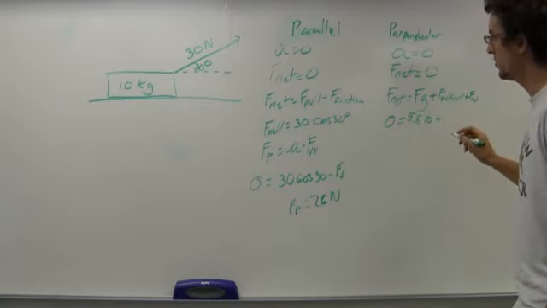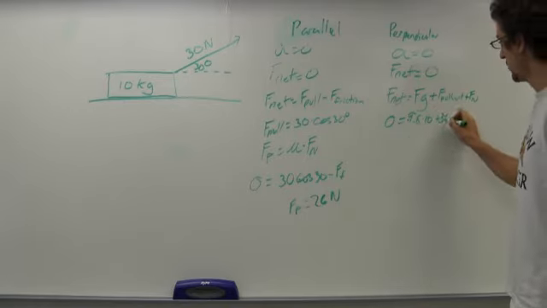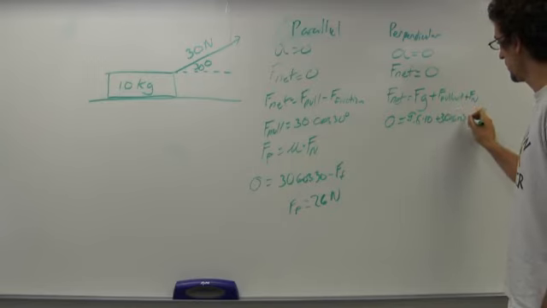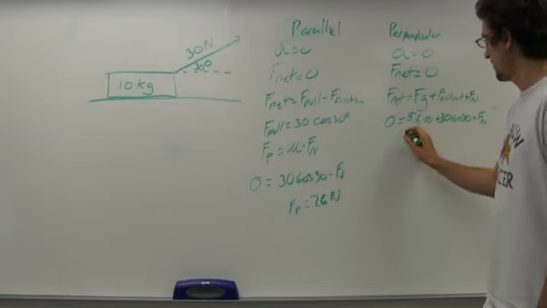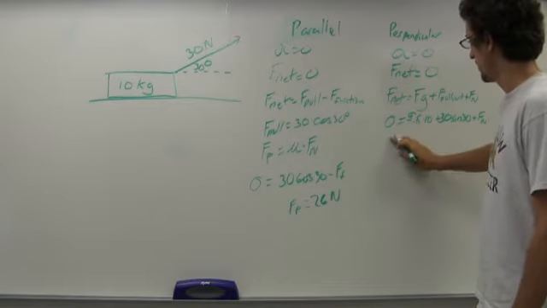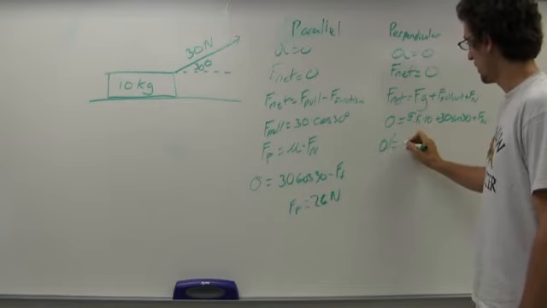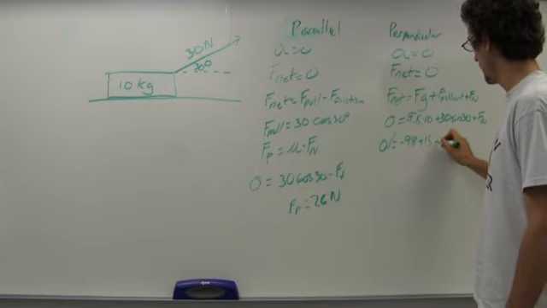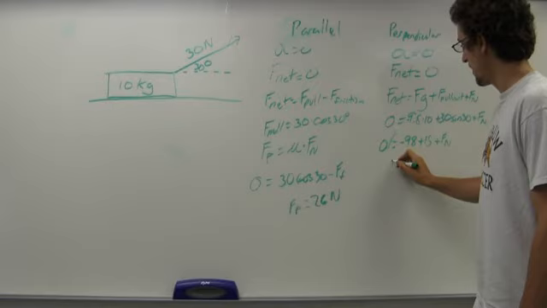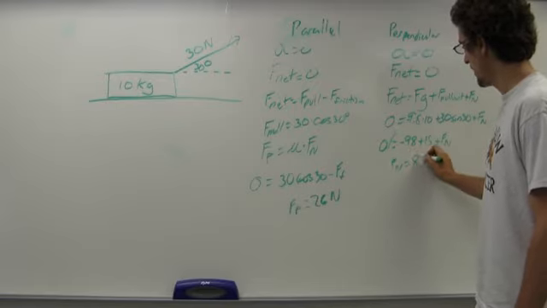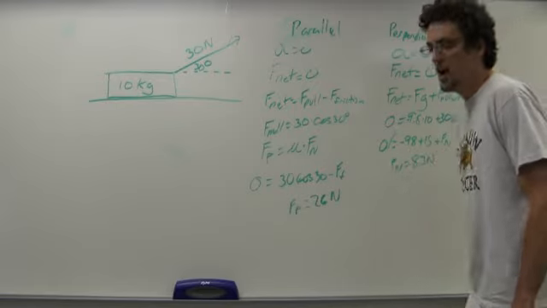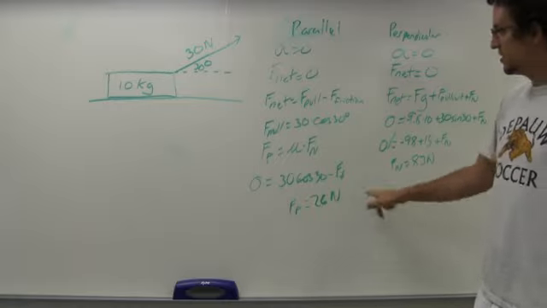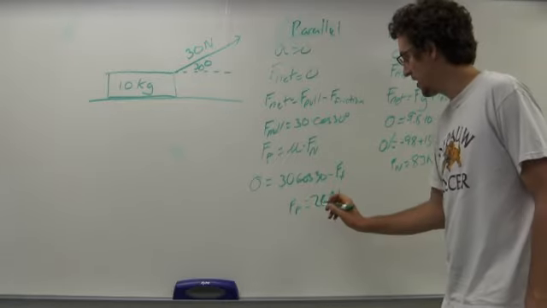F pull vertical is going to be 30 sine 30, and that's plus Fn. So we have 0 equals negative 98 plus 15 plus Fn, and we get Fn is equal to 83 newtons.